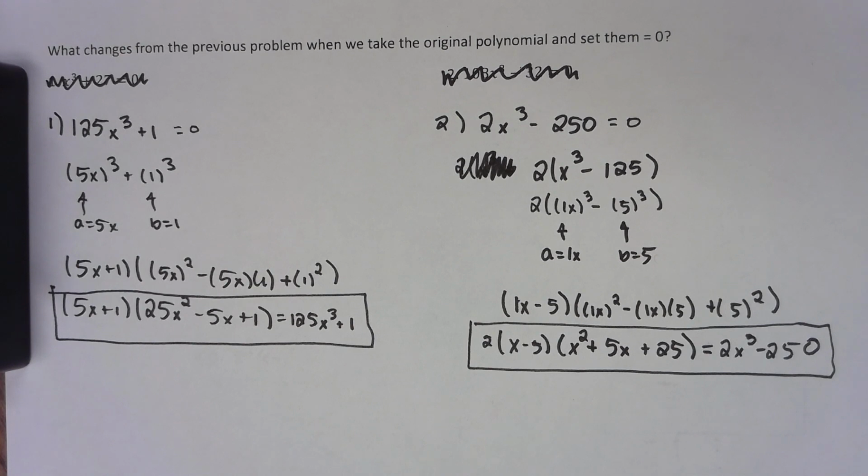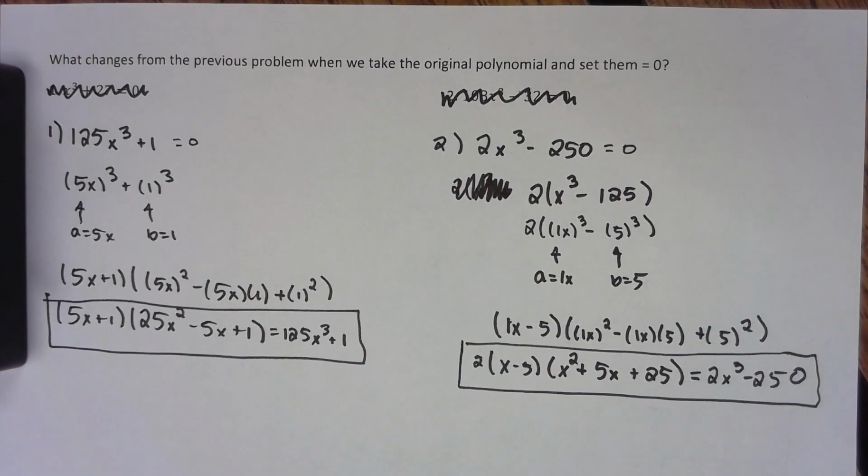What needs to happen next? If I take an equation and I set it equal to 0 and I factor it, it means I want to come up with the solutions. But what am I going to do with each one of these factors to come up with those solutions? Someone help me out. When we factor, how do we get solutions? What do we do to each individual factor?